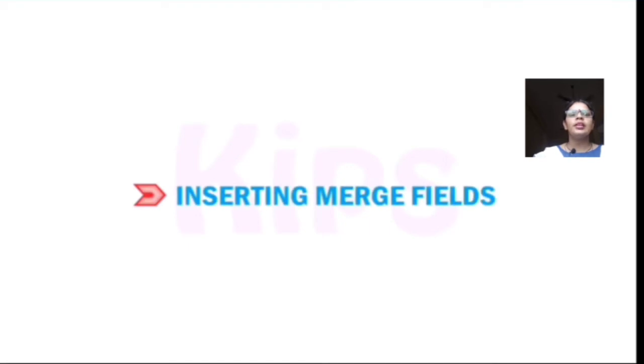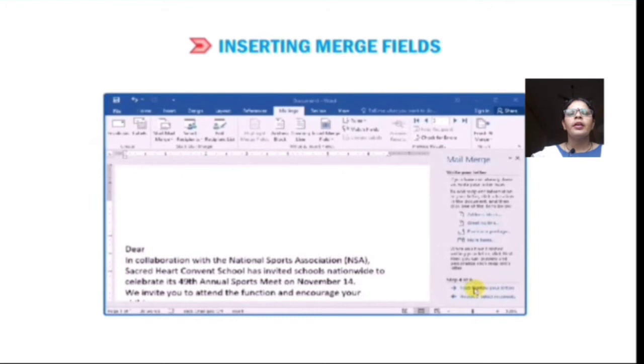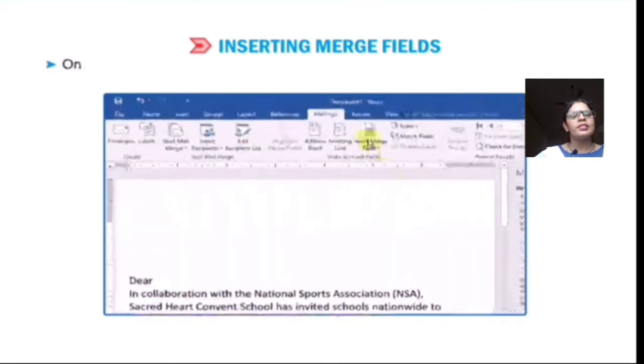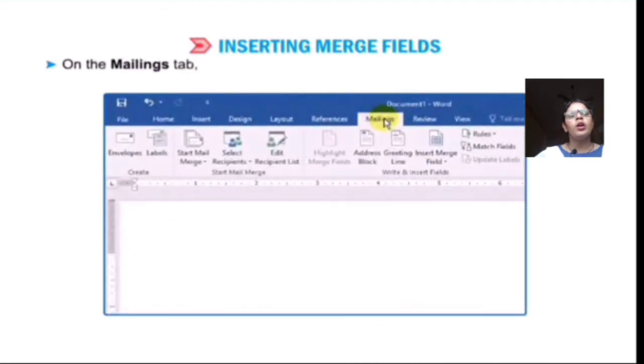Next is inserting merge fields. So how can we insert a merge field? Place the cursor at the position where you want to insert the record field. Firstly, place your cursor where you want to insert your record.